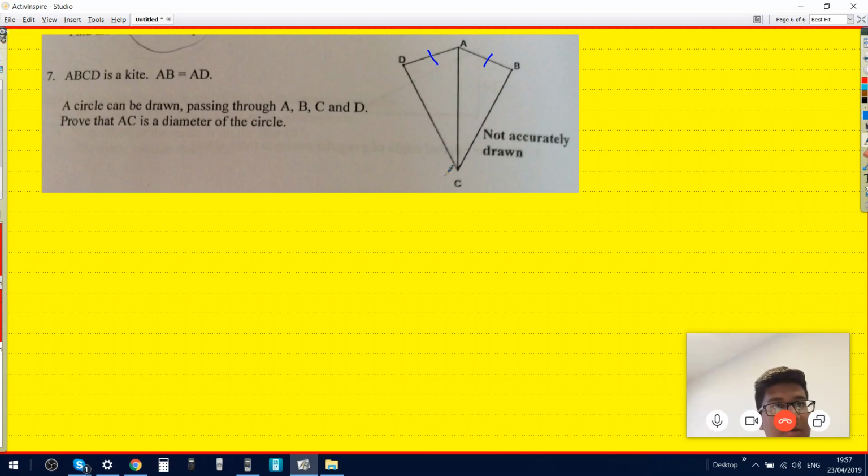ABCD is a kite. AB equals AD. A circle can be drawn passing through A, B, C, and D. AC is the diameter of the circle. So I might just sketch a circle going around it.